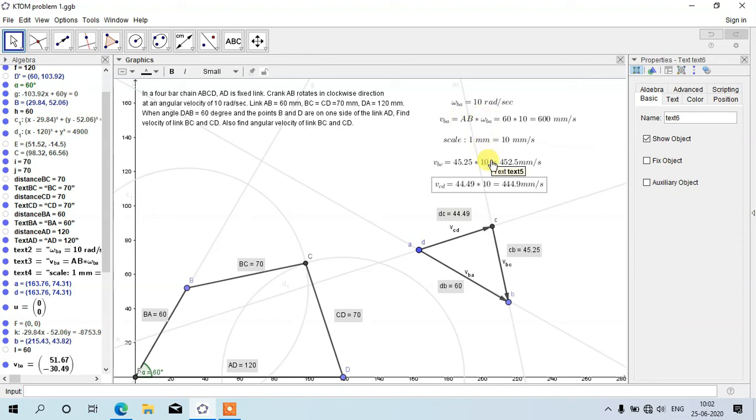For links BC and CD, I know the linear velocities and the lengths of the links. So using this relation, I can find the angular velocity of these links. Let's do it.